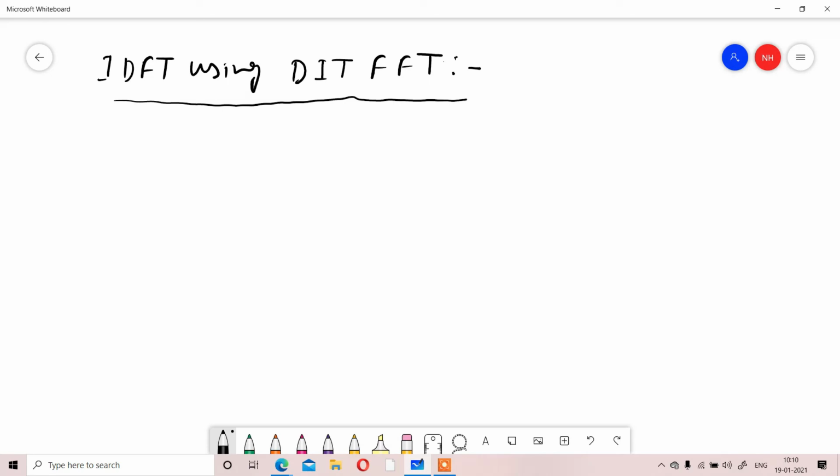Inverse DFT, if you need to calculate inverse DFT, what are the changes?